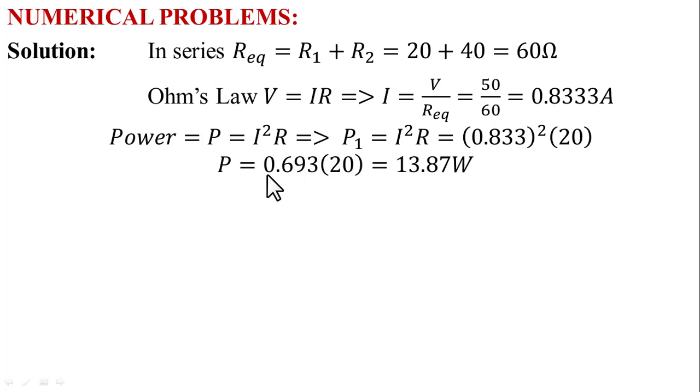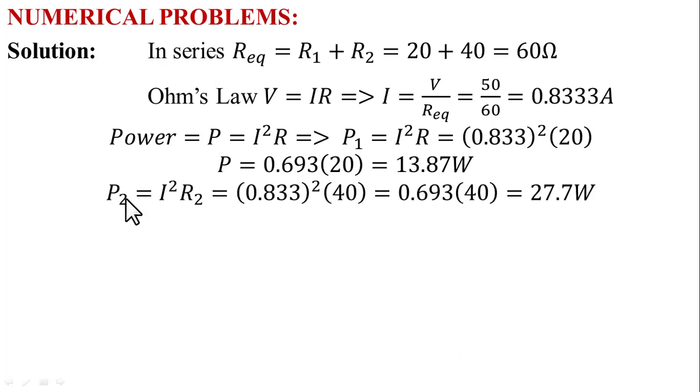So power P1 is equal to 0.693 multiplied by 20. So the power P1 is equal to 13.87 watt.